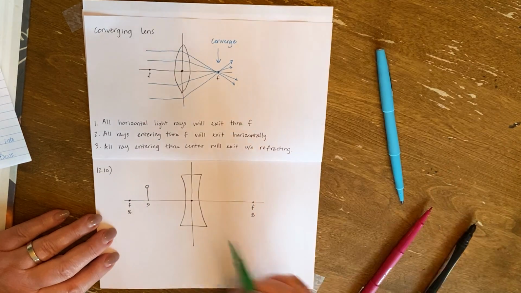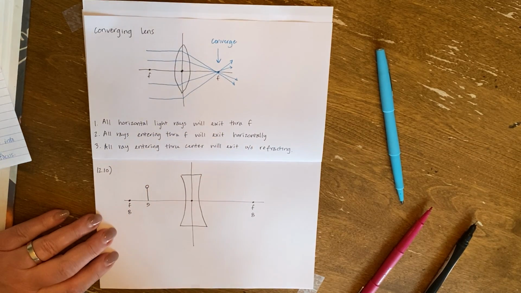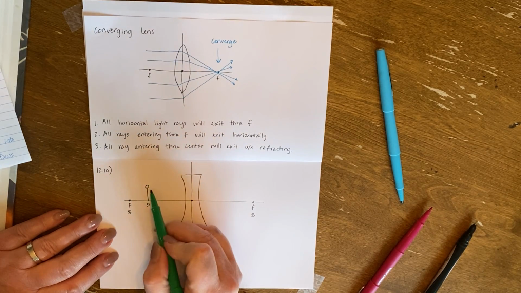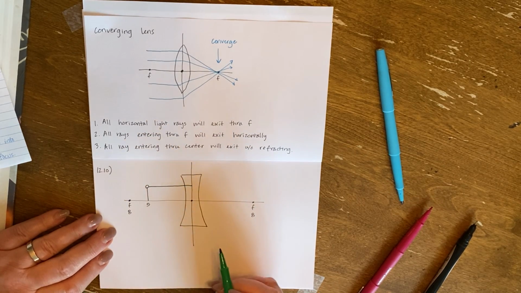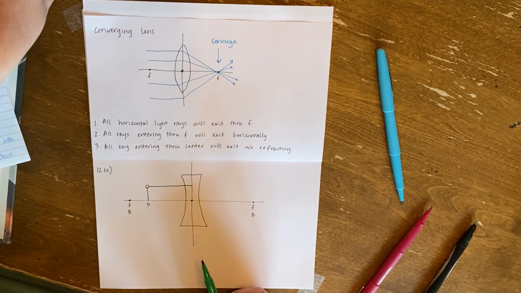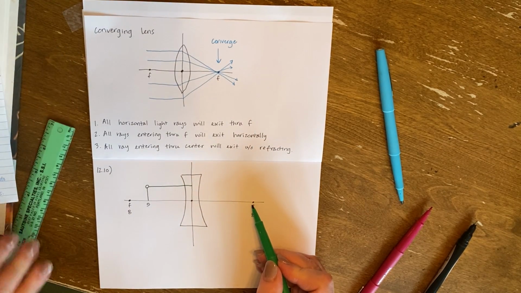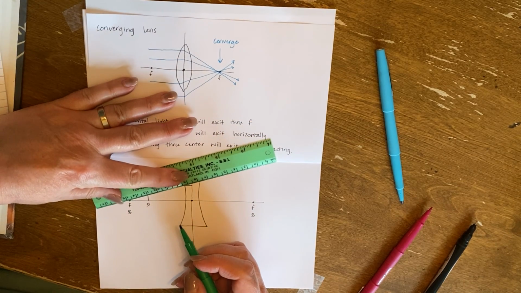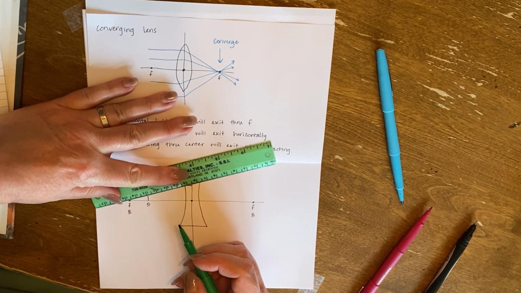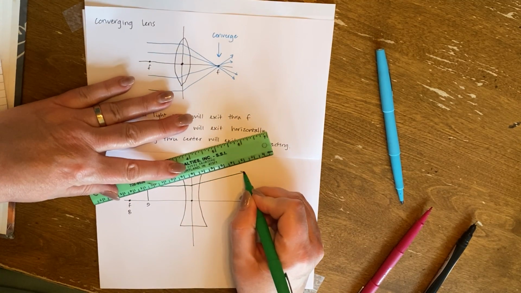Okay, so our first line we draw is horizontal, light rays will exit through F. Okay, so we draw horizontal, but now remember this is a diverging lens. So rather than converging on this focal point, they're diverging from this focal point. So my light ray will be refracted like this.